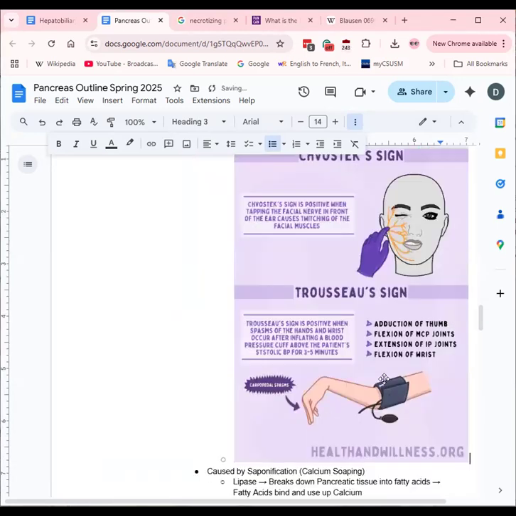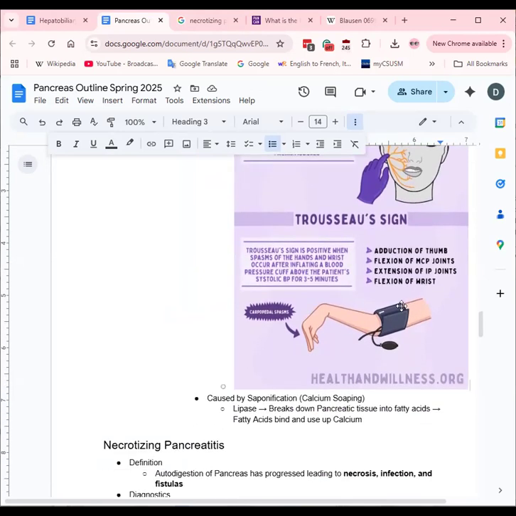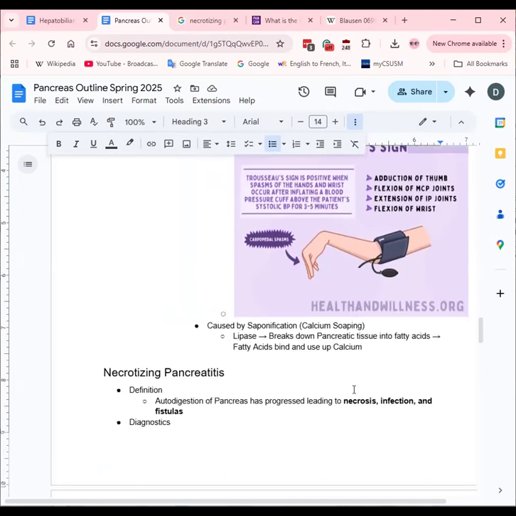Your Chvostek sign, where you touch this part of the nerve and it makes them twitch. Trousseau sign is where you put the blood pressure cuff on and then they become Italian and do the finger thing. So those are your two signs.